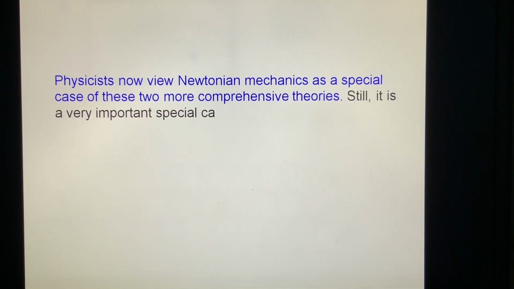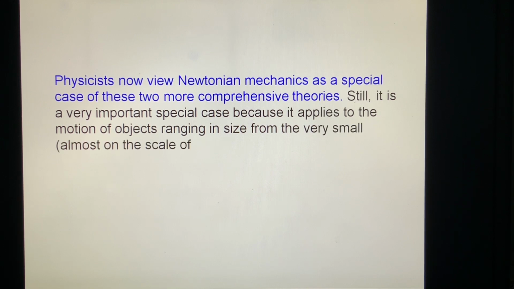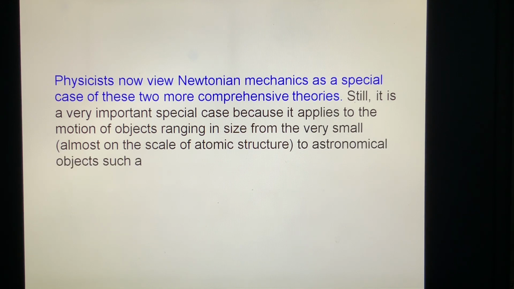Still, it is a very important special case because it applies to the motion of objects ranging in size from the very small, almost on the scale of atomic structure, to astronomical objects such as galaxies and the clusters of galaxies.